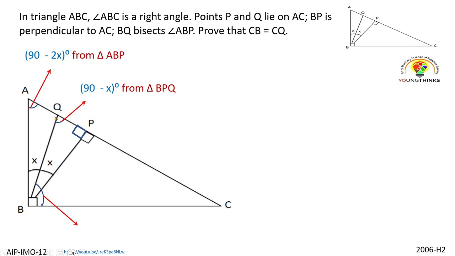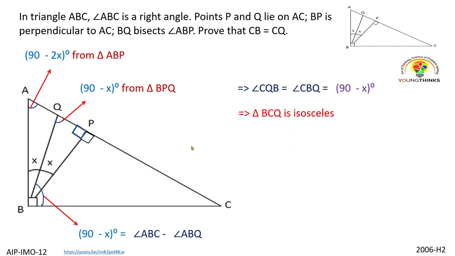Angle QBC is 90 minus x, and that angle is also 90 minus x. Together it makes a triangle in which these two sides, CB and CQ, are equal. And hence proved. Everyone okay with that?